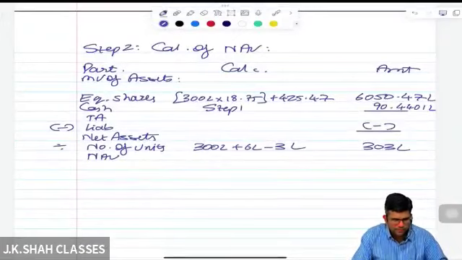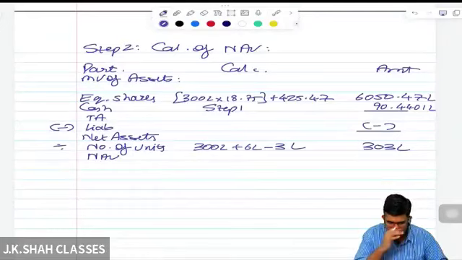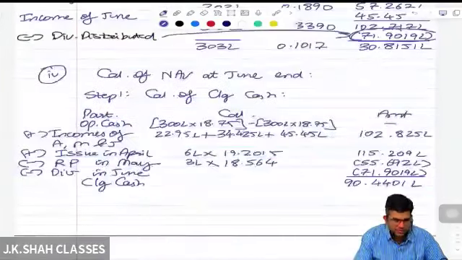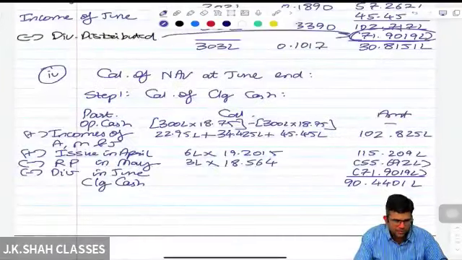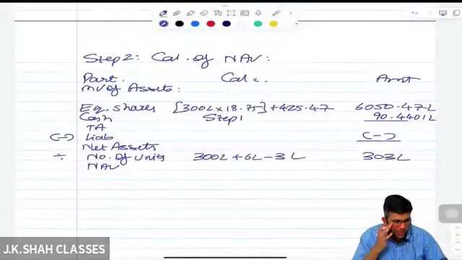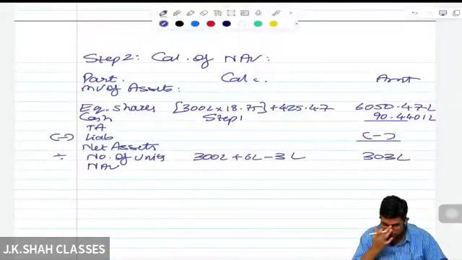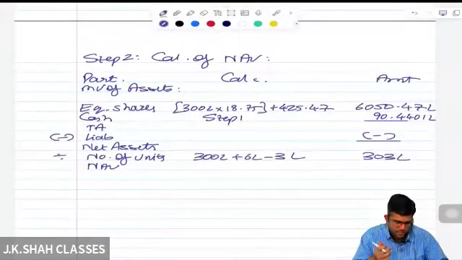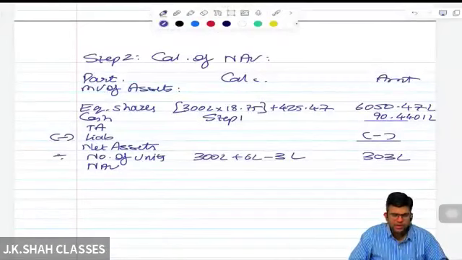Write it down. Step 2, calculation of NAV. You'll take a photograph. Done? Okay. So step 2, calculation of NAV. Particulars, calculation, amount. 2 minutes it will take, complete it.